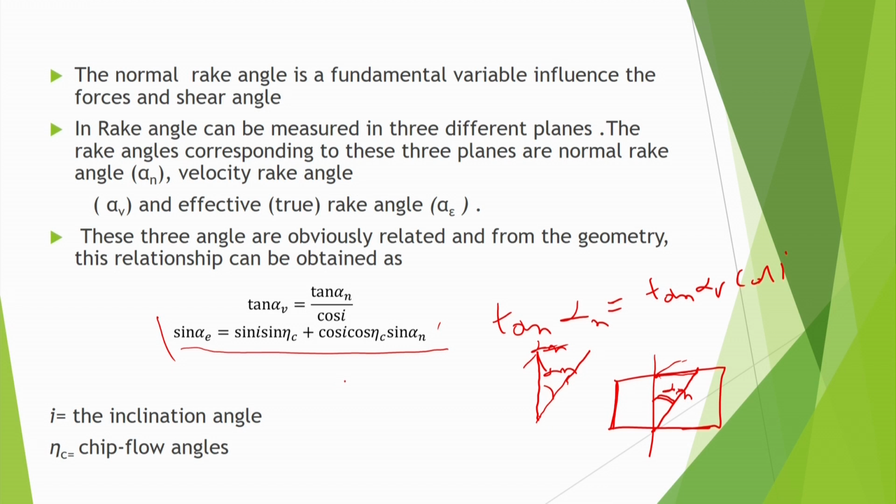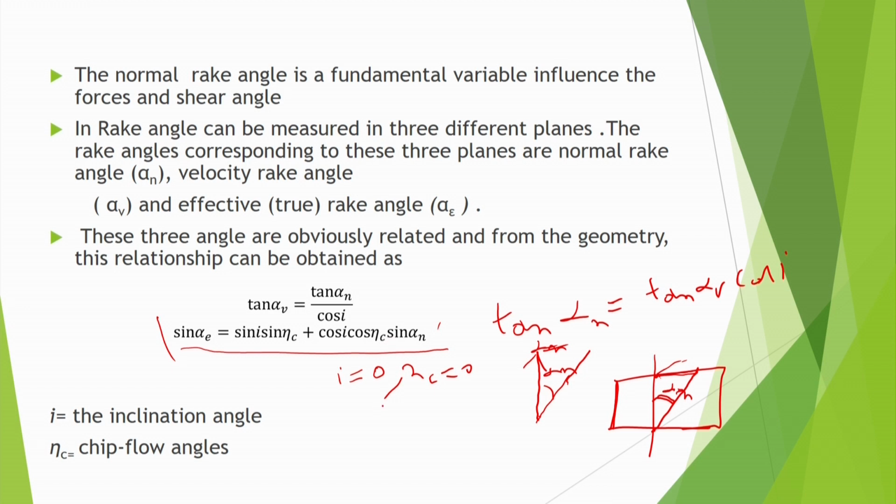Assume one case in which I is equal to 0 and eta C is equal to 0. In that case this relationship gives that alpha E is equal to alpha n. You can have another possibility also: suppose you have inclination angle equal to 0, but eta C is present.